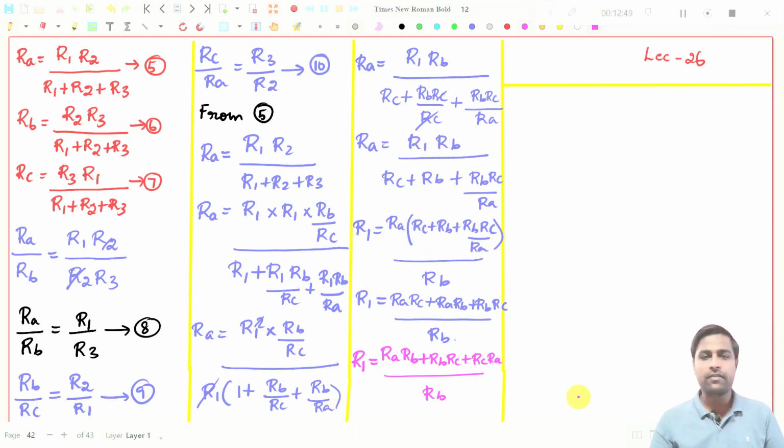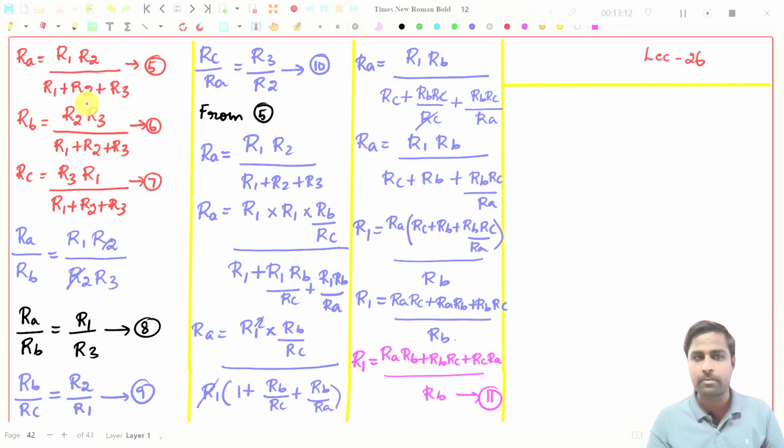Right? This is the final expression. I will write this as expression number 11. I have done this to get R1. Like this, you do by yourself to get the R2, R3 expressions by going for expression number 6.